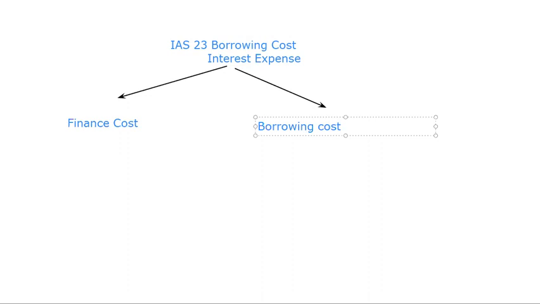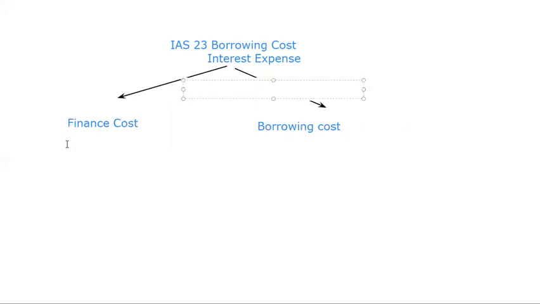Two names are given to interest expense in modern times: finance cost and borrowing cost, right? So two titles of account. Now, as you know, interest is always given on a loan, right?